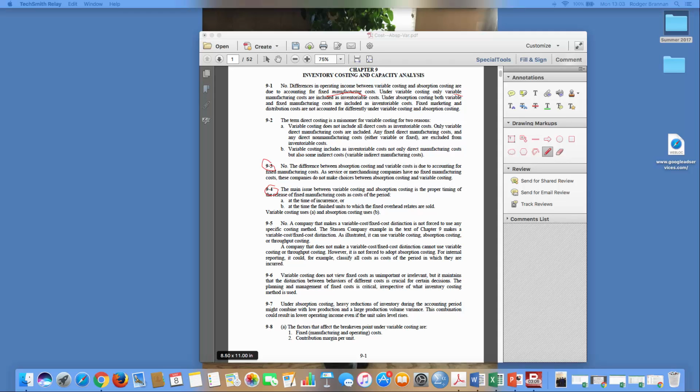Now, one very popular misconception is that variable costing views fixed costs as being irrelevant. No. The classification is not by importance, but rather by behavior. In a technical sense, variable costing is going to look at only the variable costs in calculating my contribution margin.